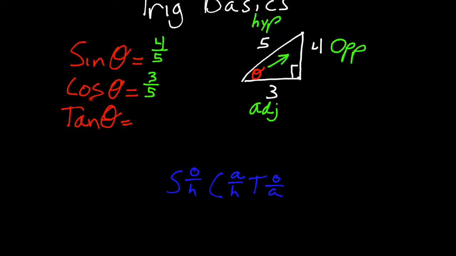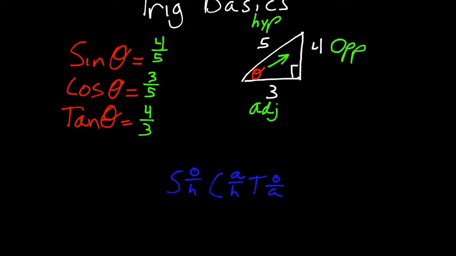And then lastly, the tangent. Our tangent is opposite over adjacent. So we go to our opposite side, which is 4, our adjacent side, which is 3. So the tangent of this triangle is 4/3. And there we have it. We have found the 3 basic trig functions.